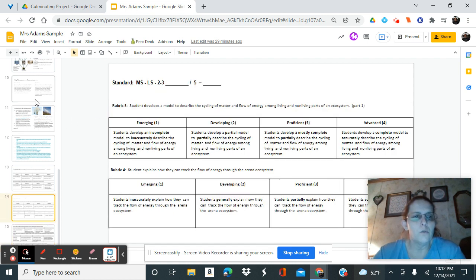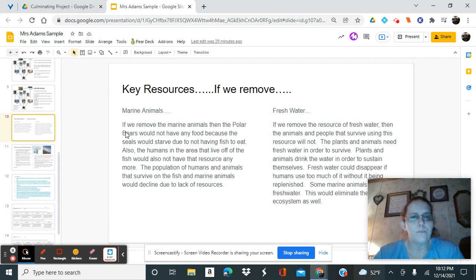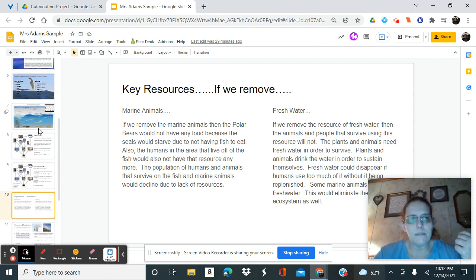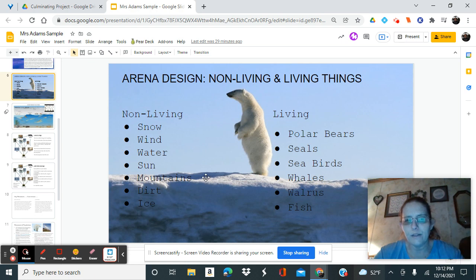So what I did was I wanted to get a 4, so I chose to remove 2. This slide talks about key resources. I picked 2 resources, so I went back to my list of resources. I picked this area because polar bears are my favorite, so I picked polar bears as one of my resources.